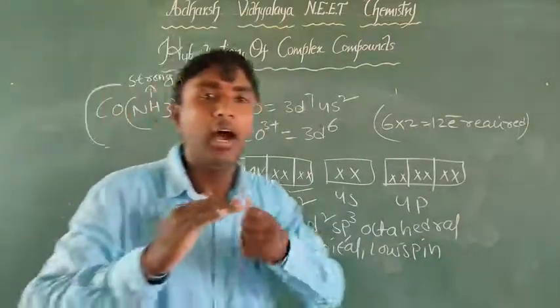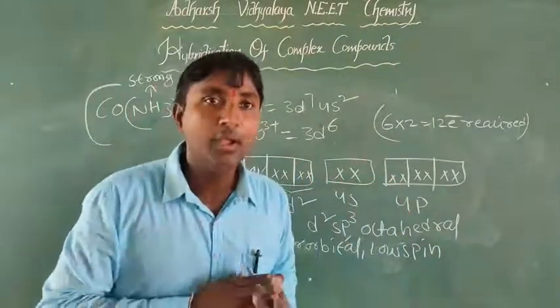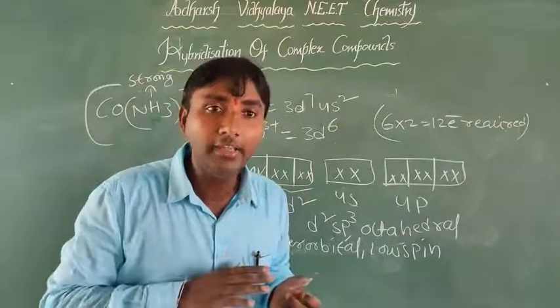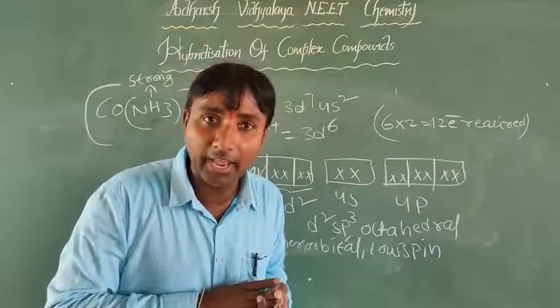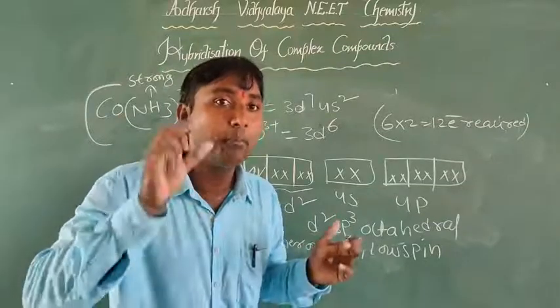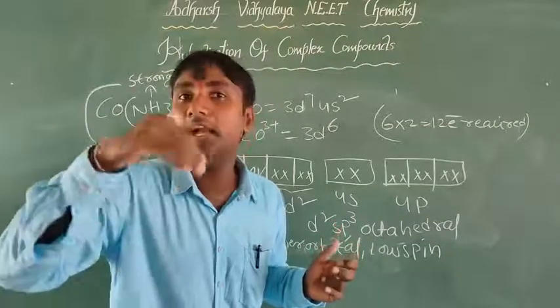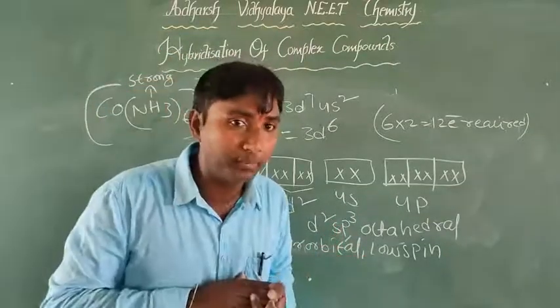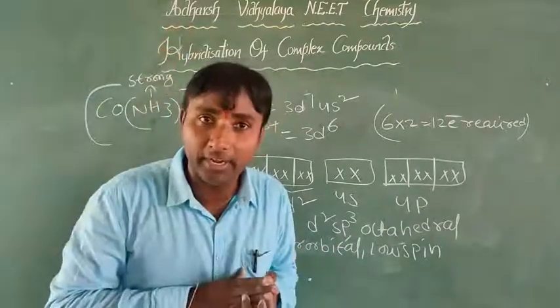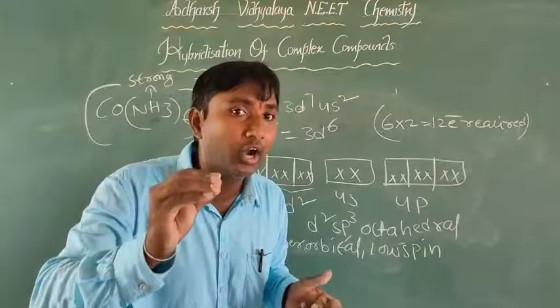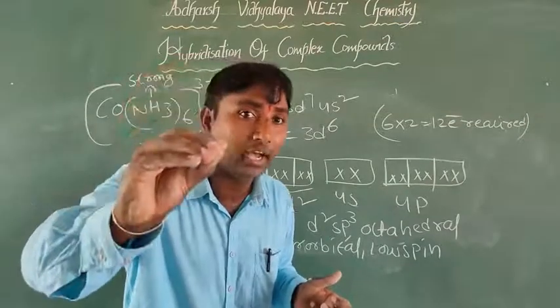You already know that when unpaired electrons are present in the d subshell, that leads to paramagnetism. Already you know magnetism. If unpaired electrons exist, there is paramagnetism. Paired electrons mean diamagnetism.